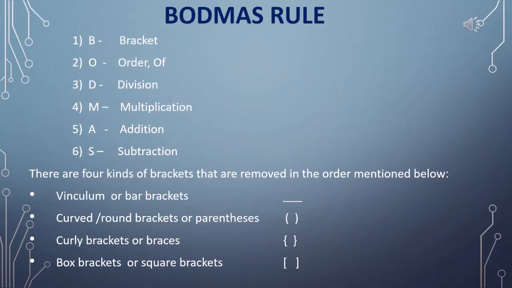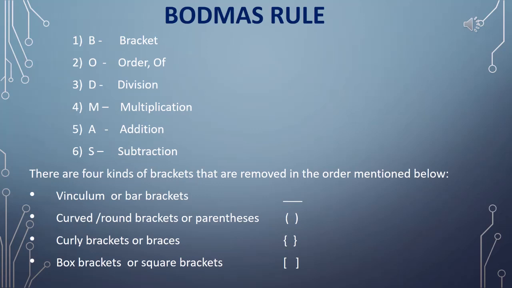What is the BODMAS rule? BODMAS actually helps us to find the sequence of operations which we have to perform while solving any mathematical expression. BODMAS is the short form for B stands for brackets, O for of or order, D for division, M for multiplication, A for addition, and S for subtraction.